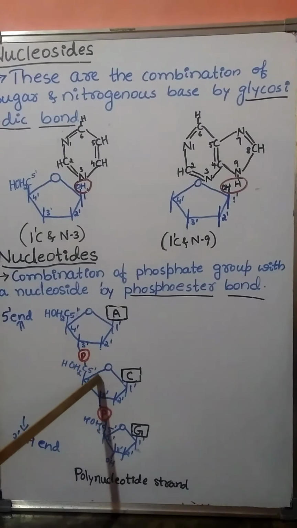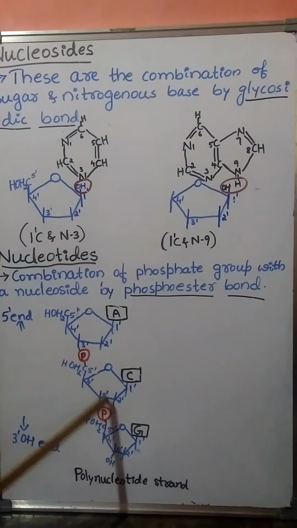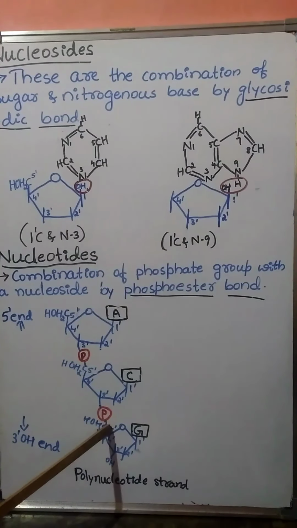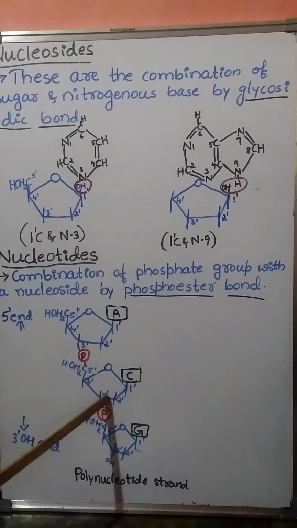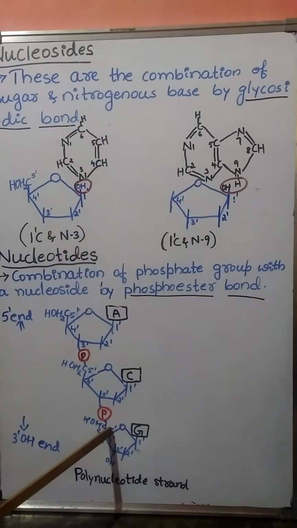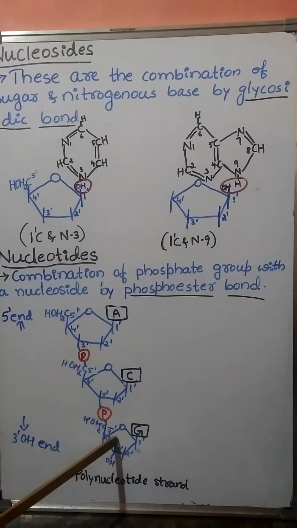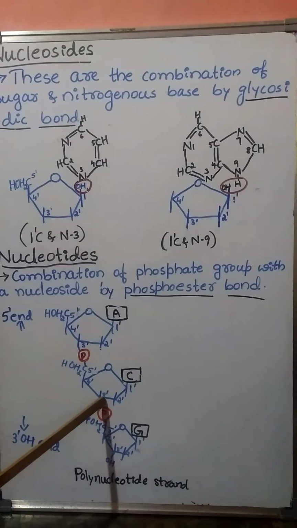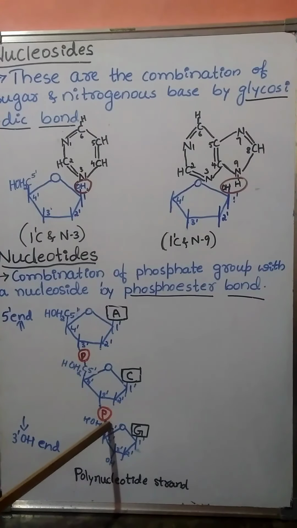Two nucleotides are joined through a 3' to 5' phosphodiester linkage.